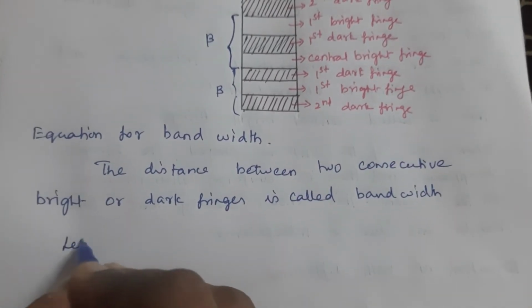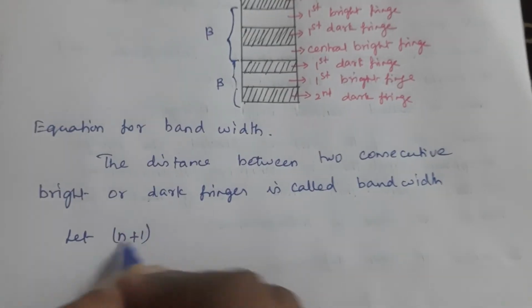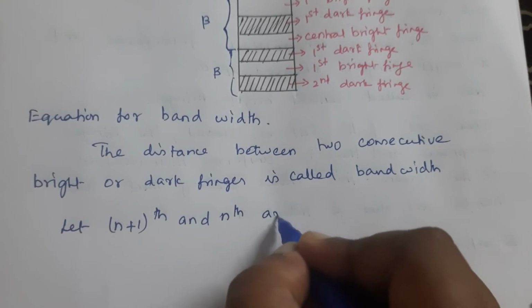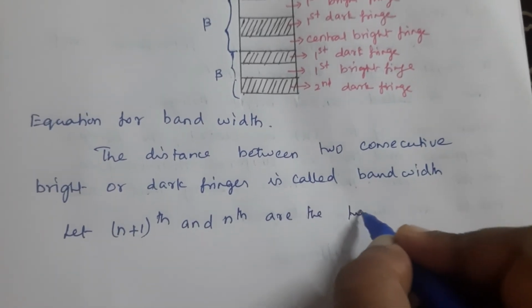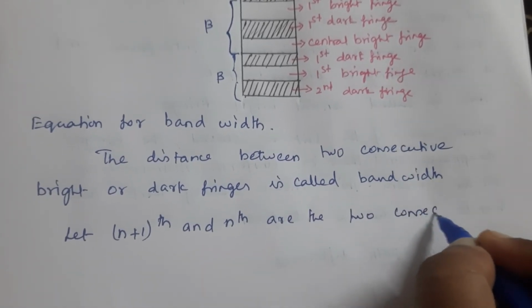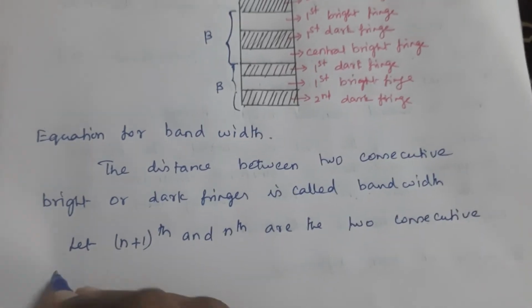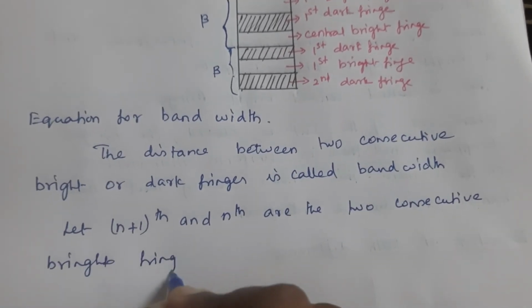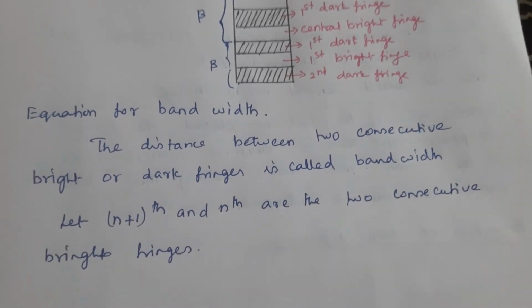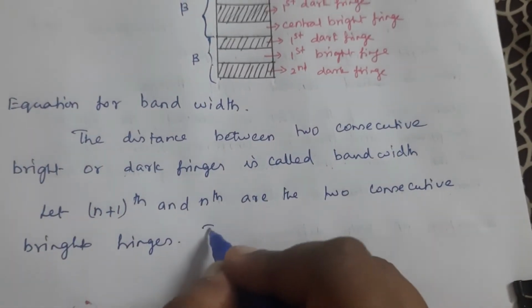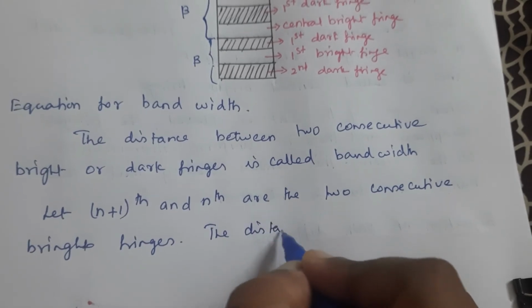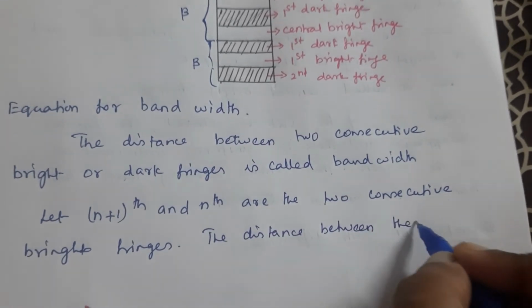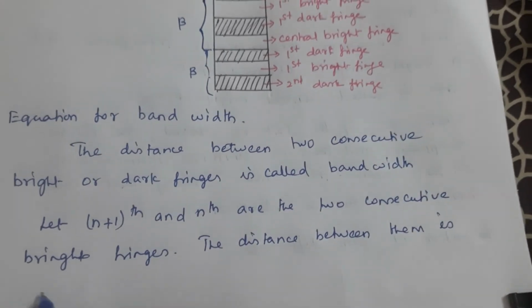Now let us take two consecutive bright fringes, the n plus 1th and the nth. The distance between them is nothing but beta, the bandwidth.